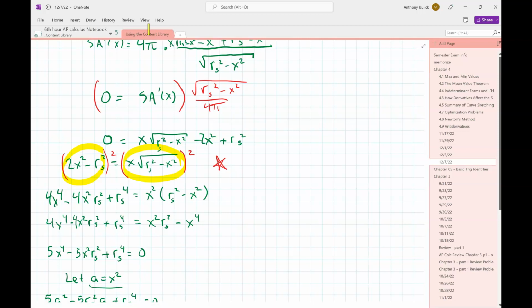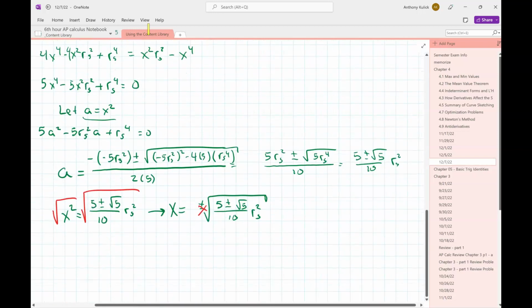So I'm just going to plug this in and see if I get a negative value on the other side. Since I can see right away that 5 minus the square root of 5 is not a negative number, I know that both those answers are positive, so that's not a problem. So I can square root both of them.